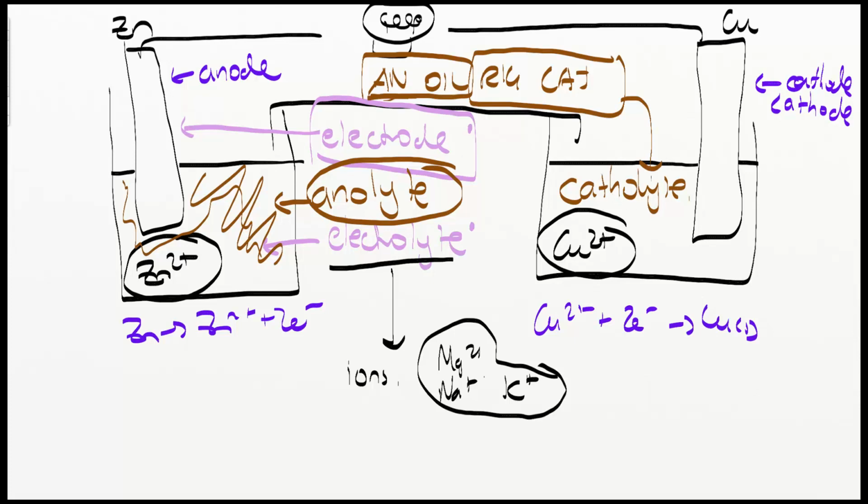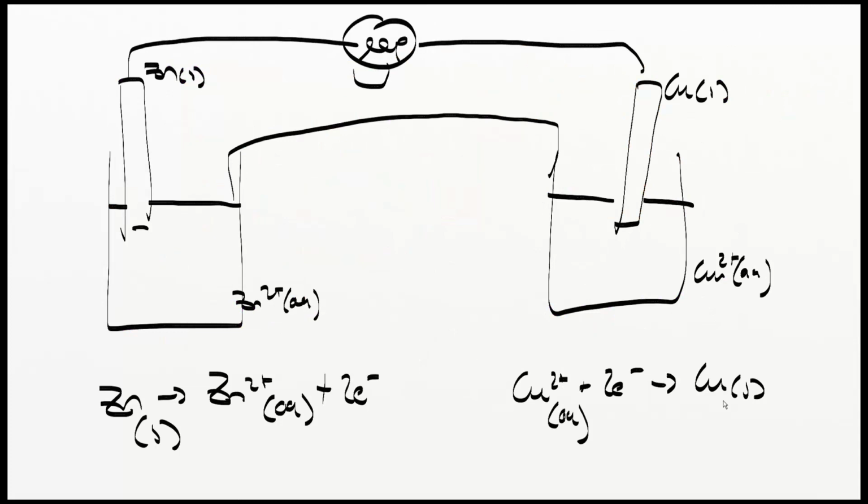Okay, so let's have a look. Cool. So remember, zinc here is going to be oxidized. So this is going to be the anode and the anolyte, and this is thus the cathode and the catholyte. So the third step of what we want to be able to do: before, the first step was to think about which chemical gives away electrons and which gains electrons.